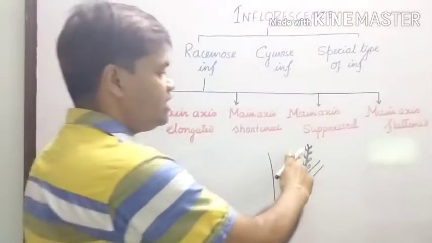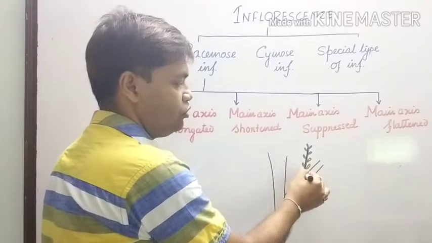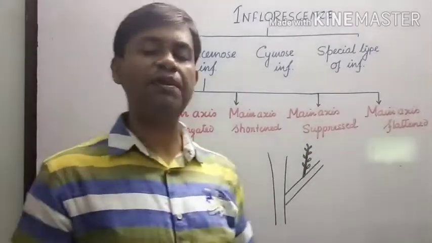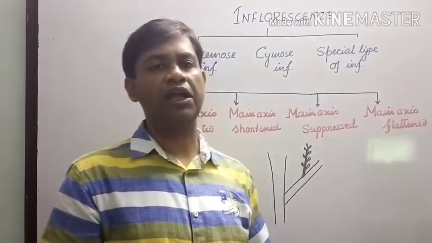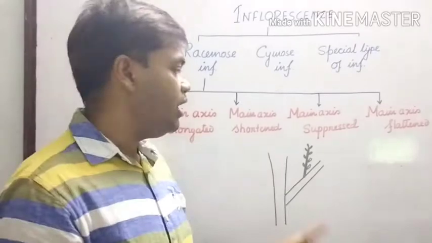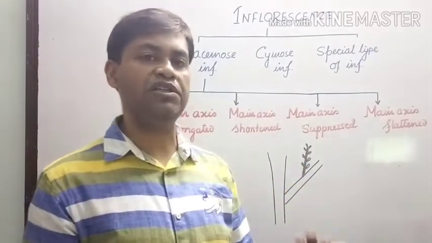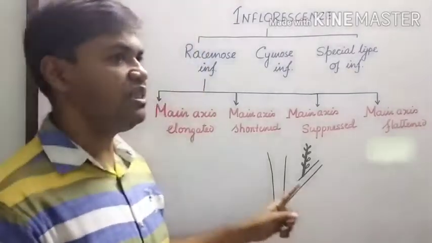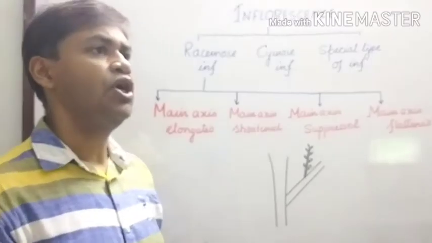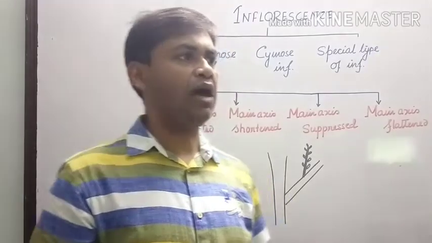Is it clear? This arrangement of the flowers onto the peduncle, the peduncle on which the flowers are borne, this arrangement and distribution of the flowers onto the peduncle of a stem is called inflorescence.